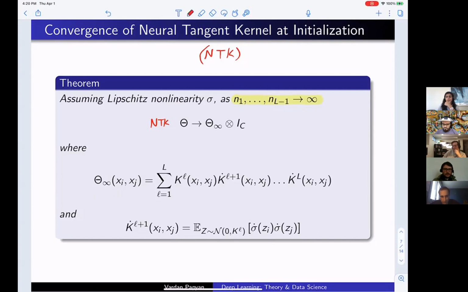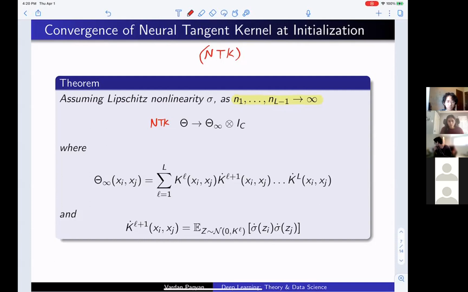I mean, it's a bit hard to answer the question without going into the actual calculation, into the proof of the theorem. But it's basically that there is no IC in theta.